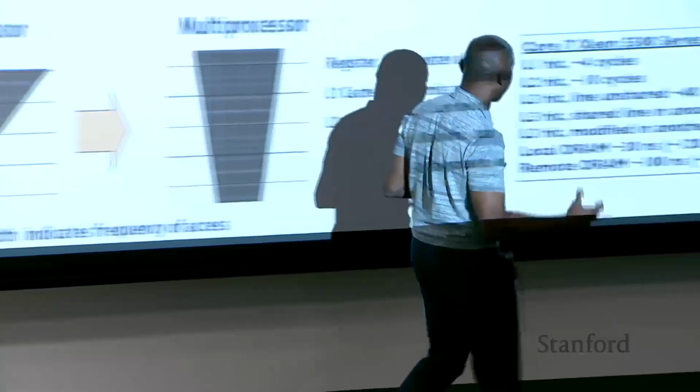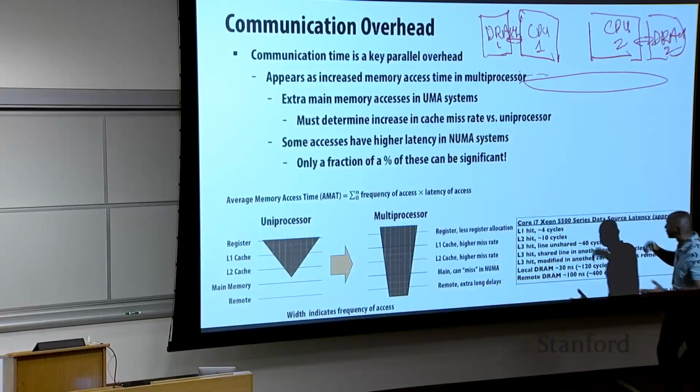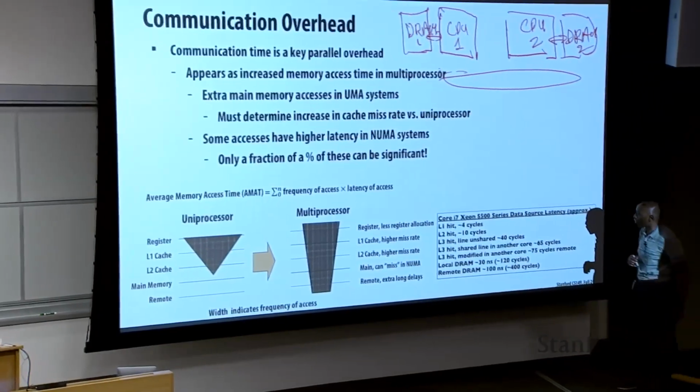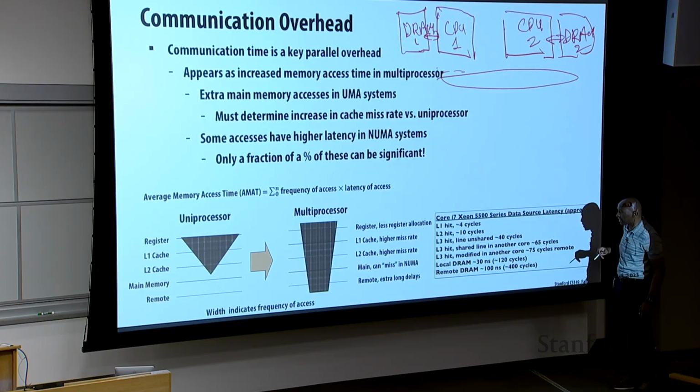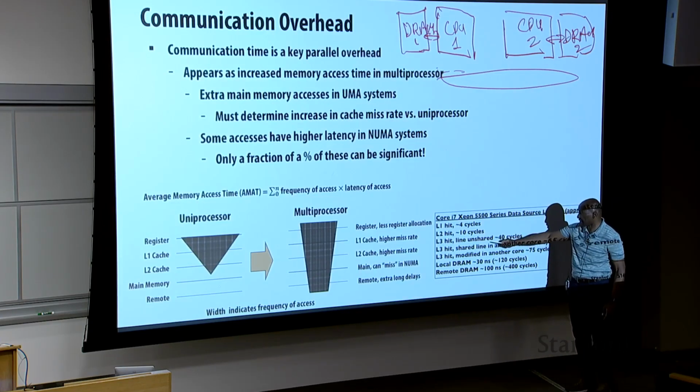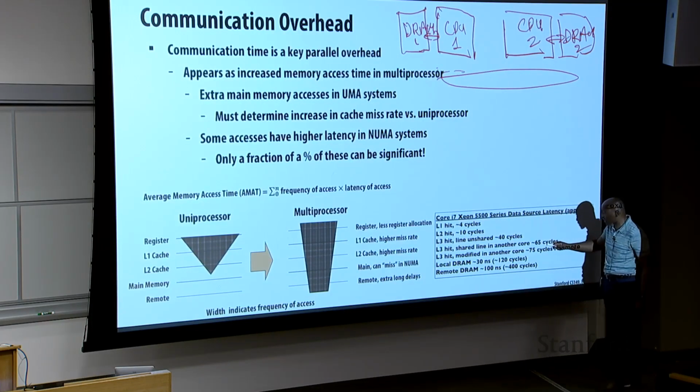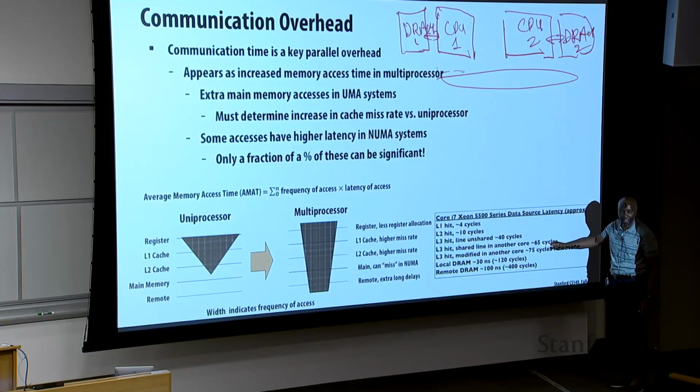If we're looking at, for instance, the Core i7, an L3 hit is 40 cycles if it's unshared, 65 cycles if it's shared, and almost double, 75 cycles, if it was modified in a different core.